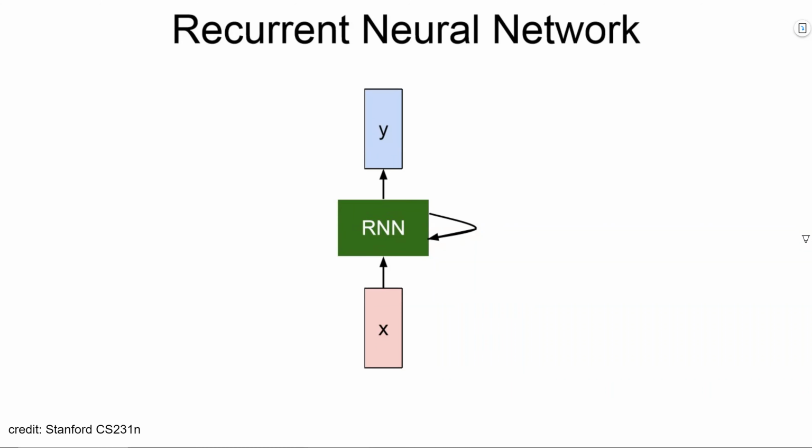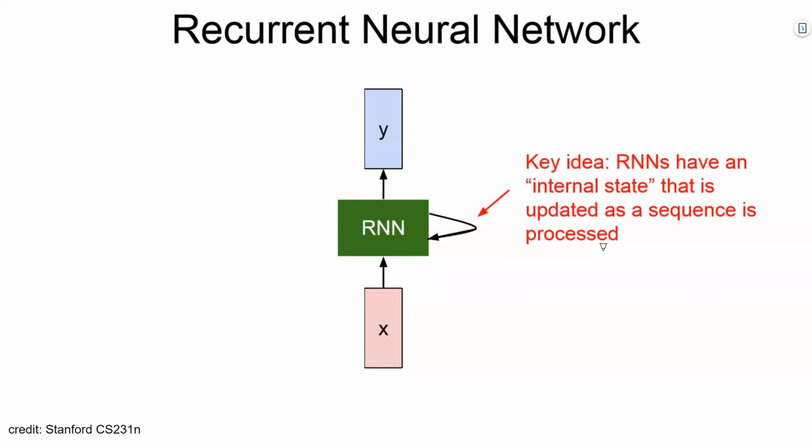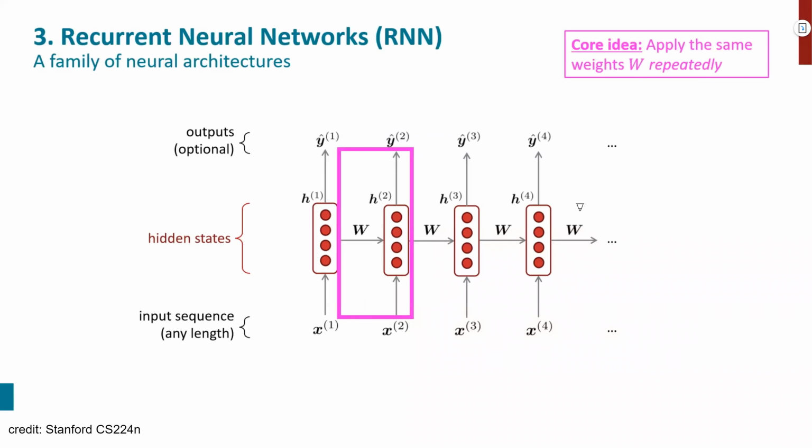Then what is a recurrent neural network? The key idea is like this. RNNs have an internal state that is updated as a sequence is processed. Another view is like this. We are going to apply the same weight repeatedly.